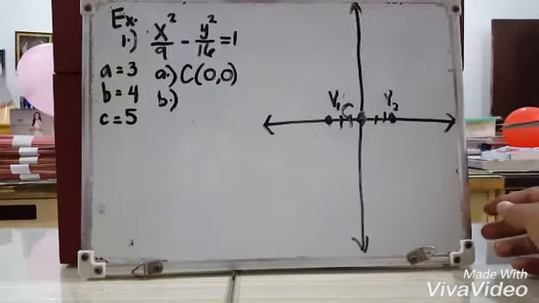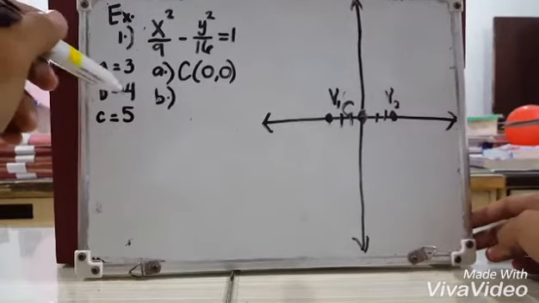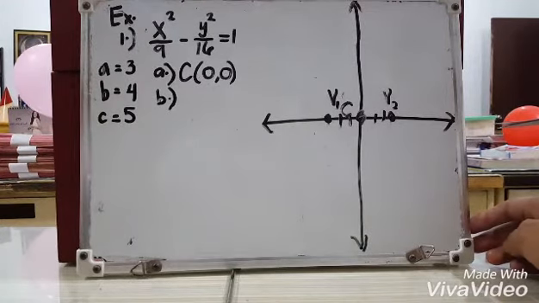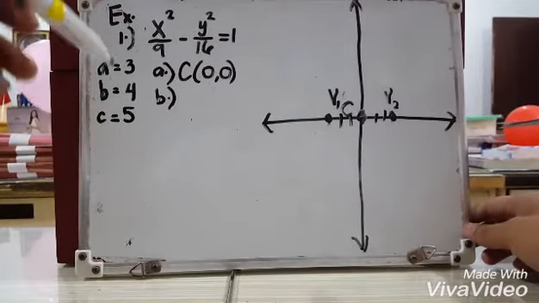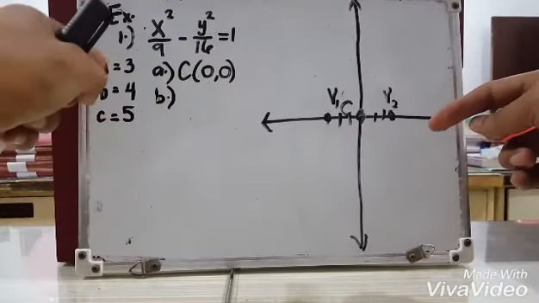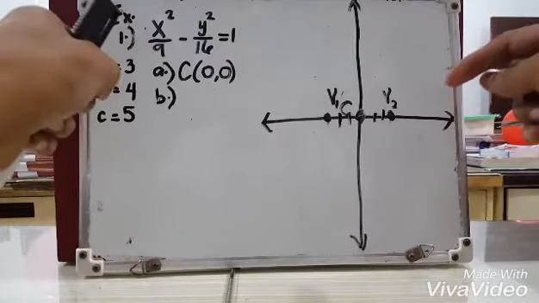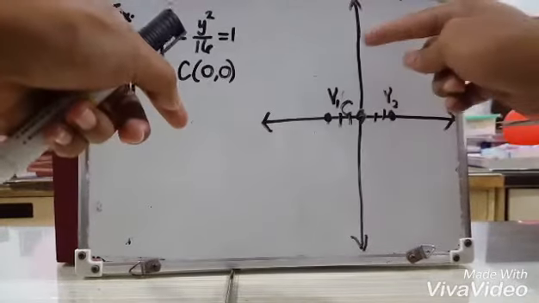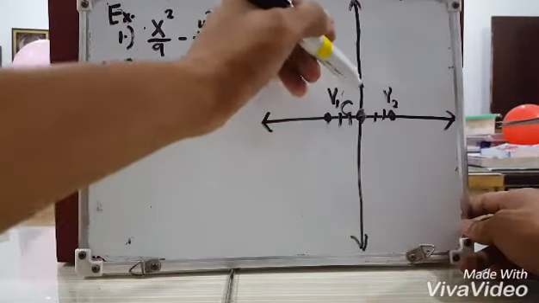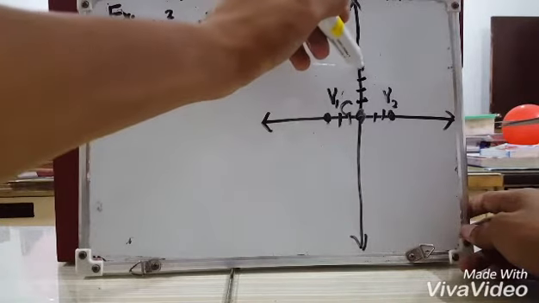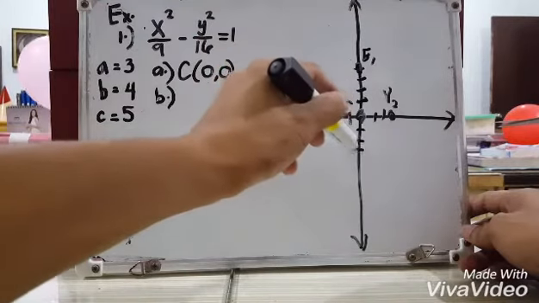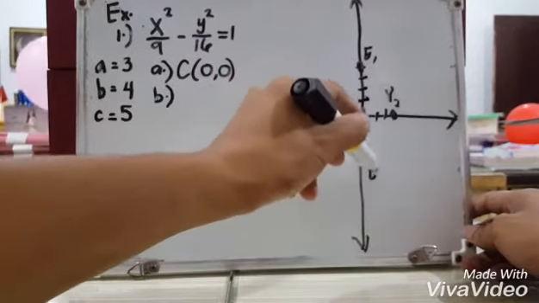Next, we use the variable b, which is equal to 4, to find the endpoints of the conjugate axis. Since our hyperbola opens to the left and to the right, the endpoints of the conjugate axis must be located upward and downward of the center. So we count 4 units from the center: 1, 2, 3, and 4. This is now your E1, and this is E2.